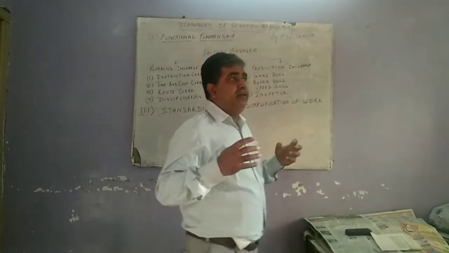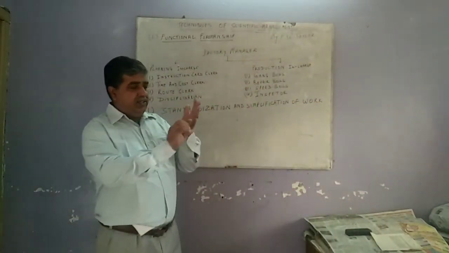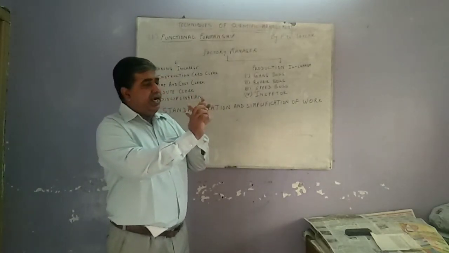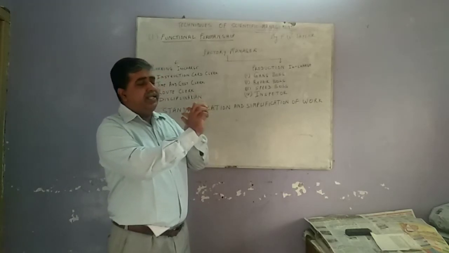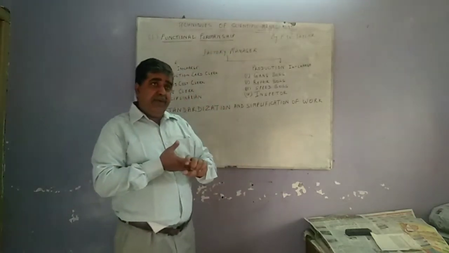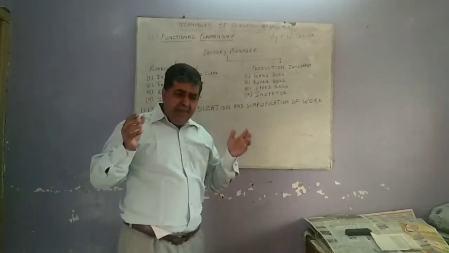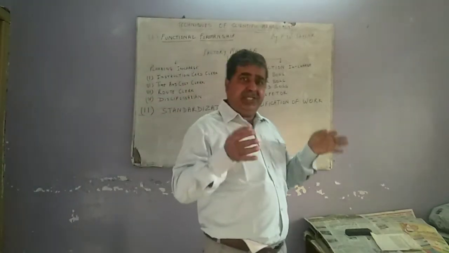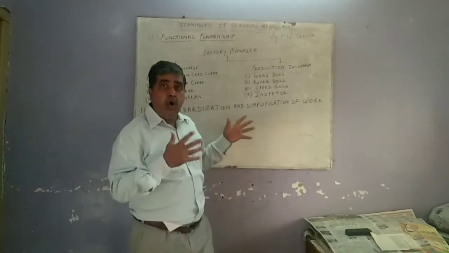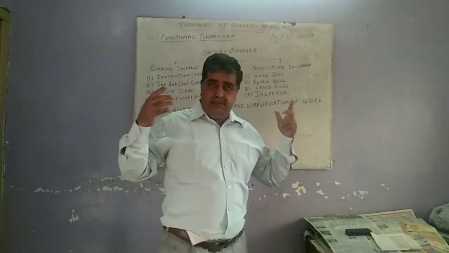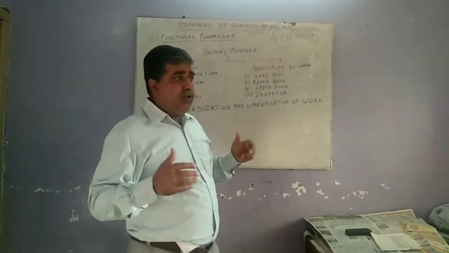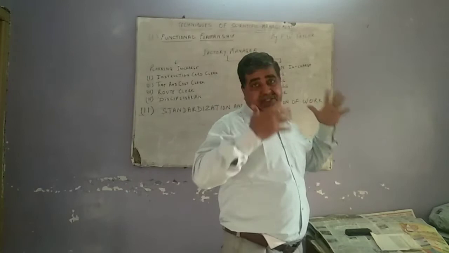How to determine the standards? Standardization of raw material, standardization of machines, standardization of time, and standardization of other factors of production. If we determine the standards, the same process, same material, same machines will be used to produce all the lots of the product. Then by this we will be able to standardize our products.